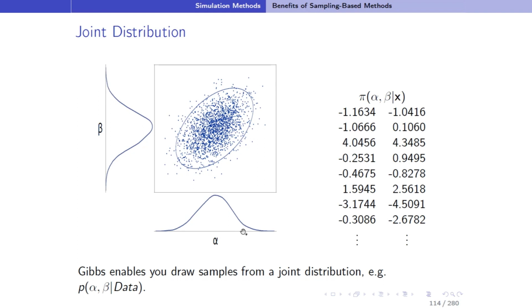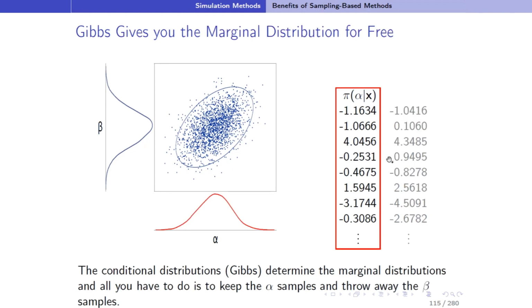Here is the idea of a joint distribution. You sample alpha and beta, so pairwise they come from a joint distribution. This is the alpha dimension, this is the beta dimension. You run your Markov chain, you sample your Gibbs, you sample alpha and you get beta, and you sample alpha and you get beta, and so on and so forth. Now the marginal distribution of alpha is in essence the collection of all the alpha samples, and you can throw away the betas.